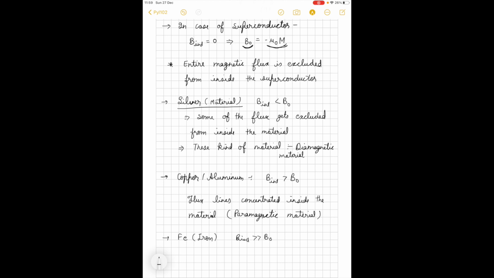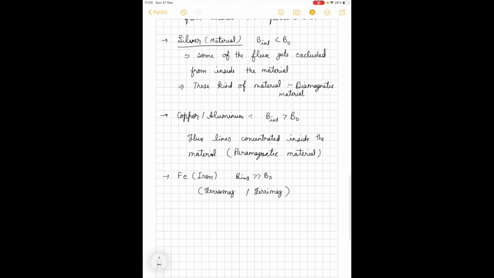Okay, so these are ferromagnetic or ferrimagnetic. Later you will see we'll discuss all these 5 classes in a bit of great detail as we go along.